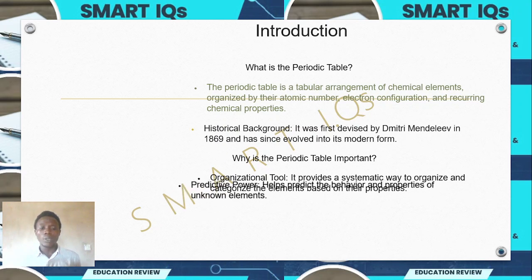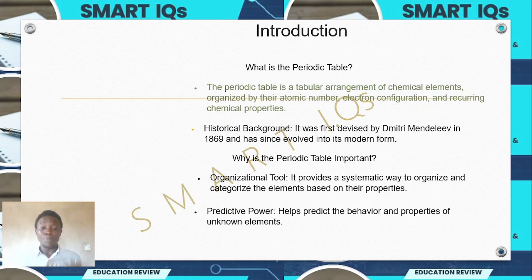So we talk about it as predictive power. Of what importance is the periodic table? Especially because when Mendeleev gave us the periodic system, he provided a way to know the properties of an unknown element when discovered.